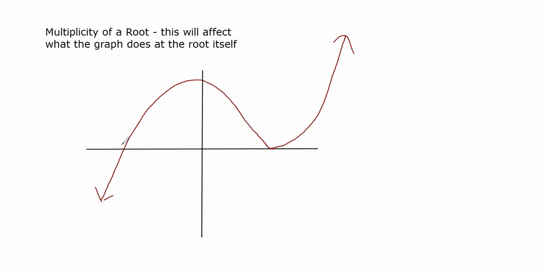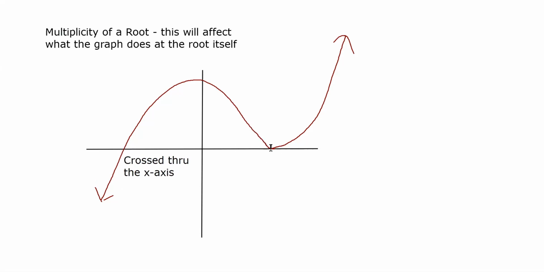Now here, it crossed through the x-axis, which is what it usually does. That's the usual thing we expect it to do. It went from one side of the x-axis and it completely crossed through it, which is different from what this one did.